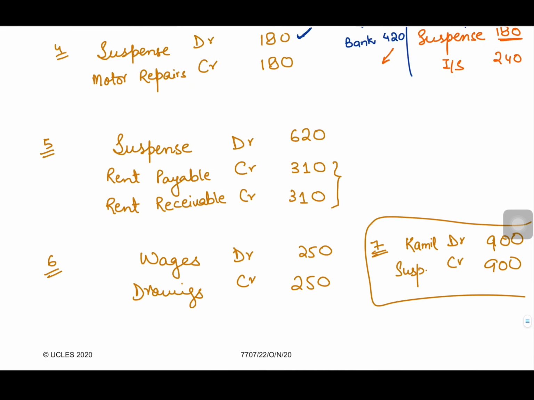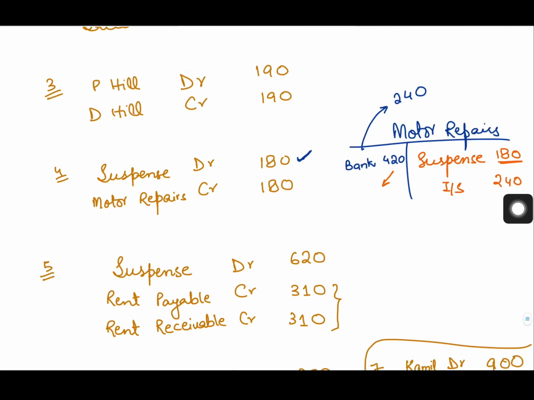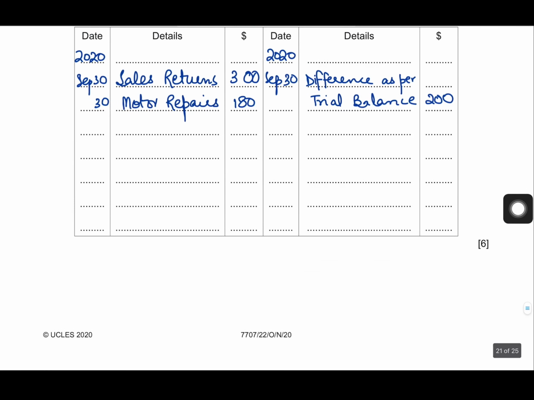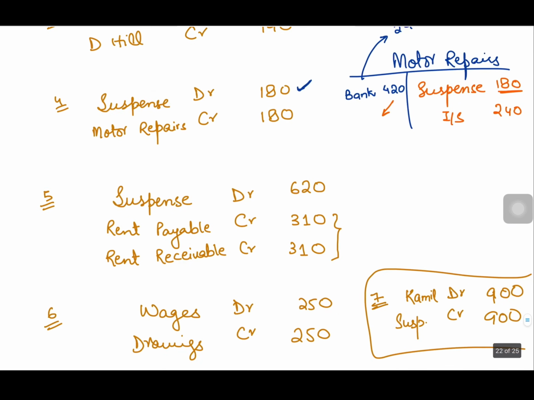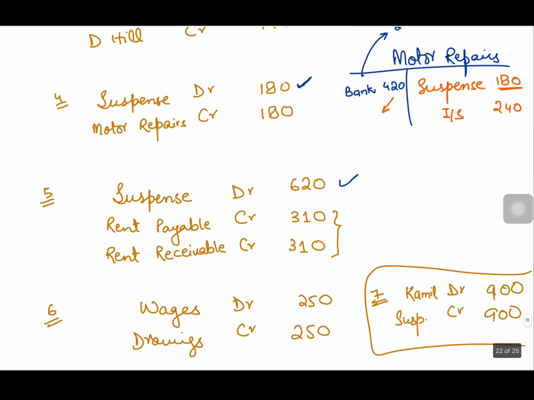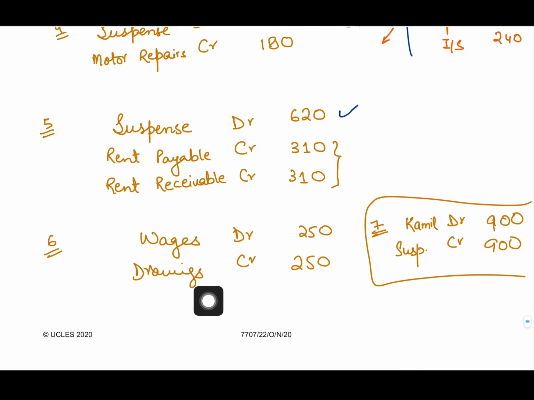Then error number 5. We recorded an income as an expense, so we will be debiting suspense account because of these two accounts, rent receivable and rent payable, 310, both of these to be written separately.